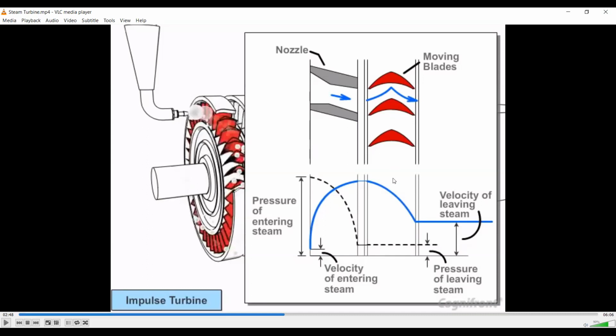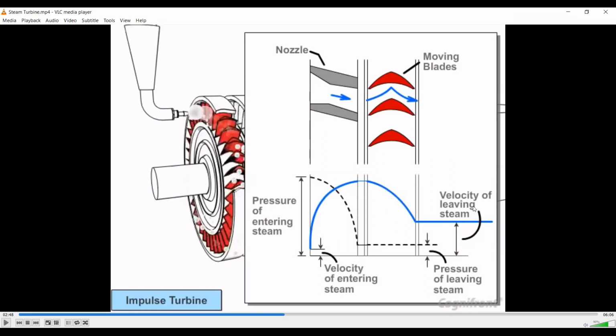As the steam flows through the nozzle, the pressure decreases and it remains constant when it flows over the moving blades. But in case of the velocity, when the steam flows through the nozzle the velocity starts increasing to a very high value, because with this high velocity we are able to rotate the blades of the turbine. But when this steam jet enters the blades, the velocity starts decreasing. This blue curve is for the velocity.